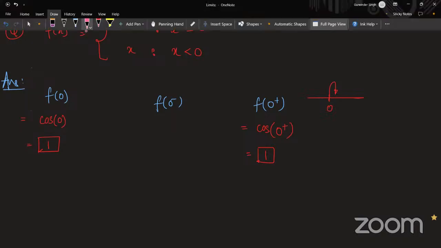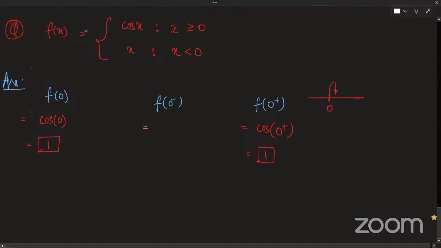Now talking about the other case. It is 0 minus, right? So it is a very small number lesser than 0, right? Yes, sir. So tell me, will it follow the first one or the second one? Second one, sir.